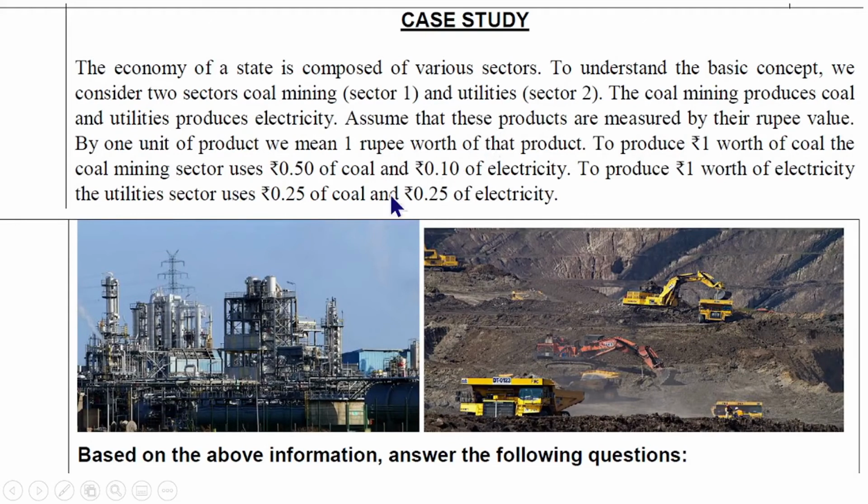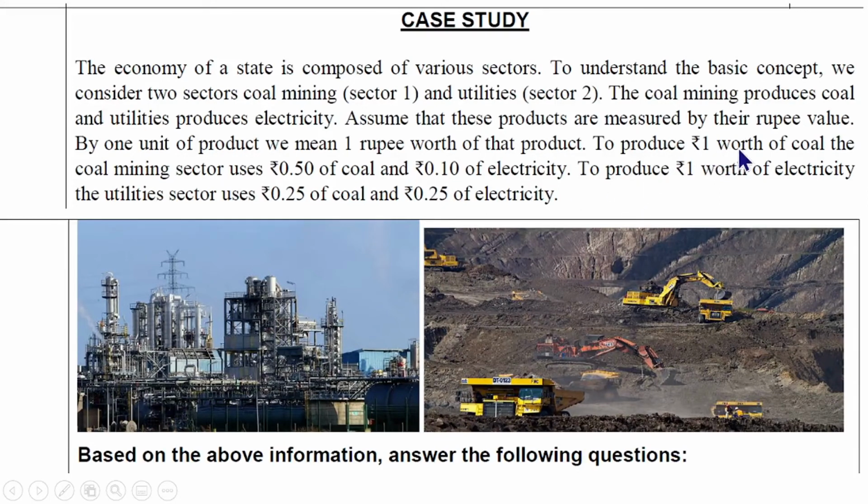The next we have the case study. The economy of a state is composed of various sectors. To understand the basic concept, we consider two sectors: coal mining, sector 1, and utilities, sector 2. The coal mining produces coal and utilities produces electricity. Assuming that these products are measured by their rupee value, by 1 unit of product we mean 1 rupee worth of that product.